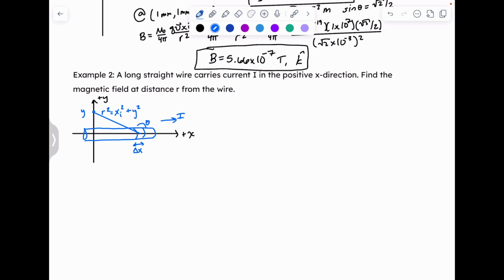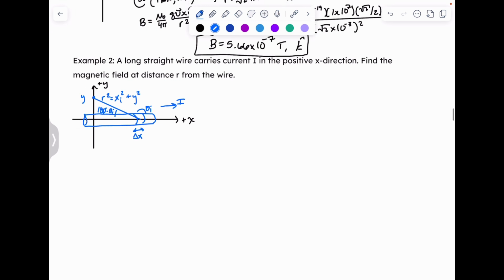We're going to call this theta i, and we're going to call this 180 degrees minus theta i. With all these subscripts, you can kind of smell that I'm going to set up a sum. So sine of 180 degrees minus theta i is just going to be sine of theta i, and that is going to be my y coordinate over the square root of y squared plus x squared.